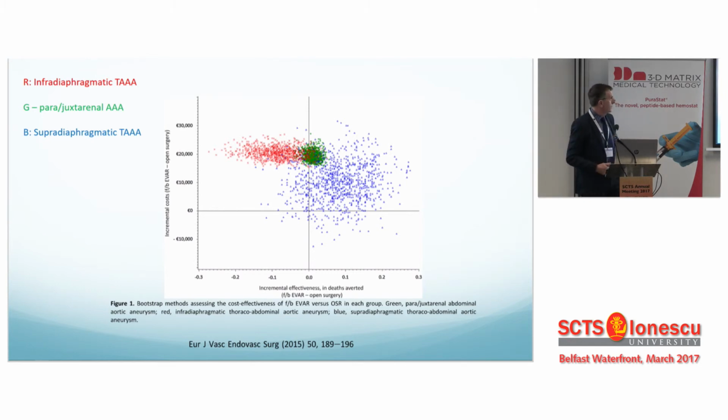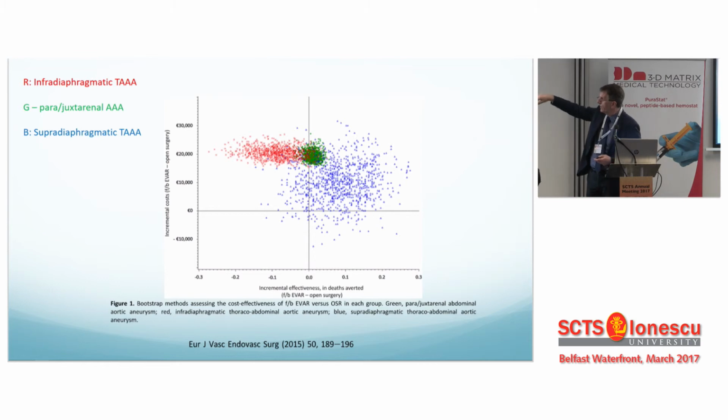I didn't understand the paper, but if we look at effectiveness on the bottom line versus costs on the top, red and green are infradiaphragmatic, TAA, pararenal, and juxtarenal, and they're not showing any better effectiveness for lots more cost. And so this study didn't seem to support it in that setting.